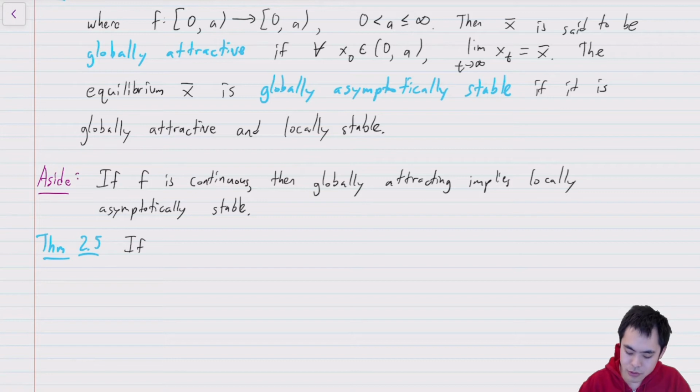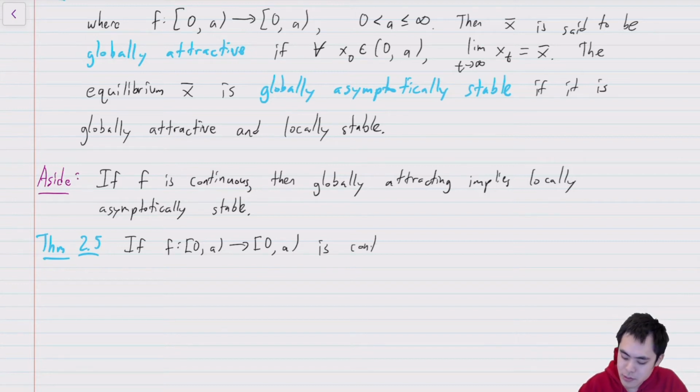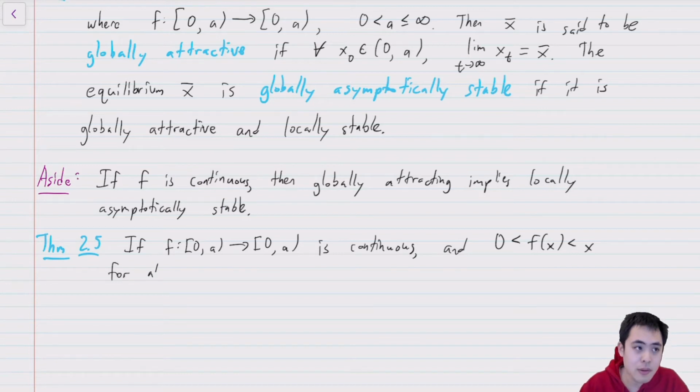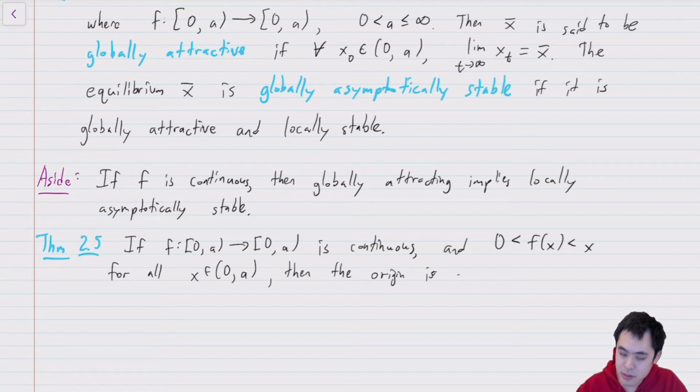So we're going to say if f from 0 to a to 0 to a is continuous, and that we have 0 is less than f of x is less than x for all x in 0 to a, then the origin is globally asymptotically stable.